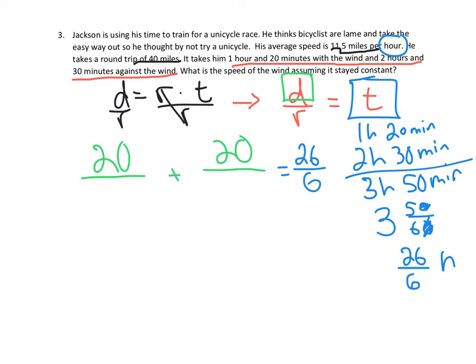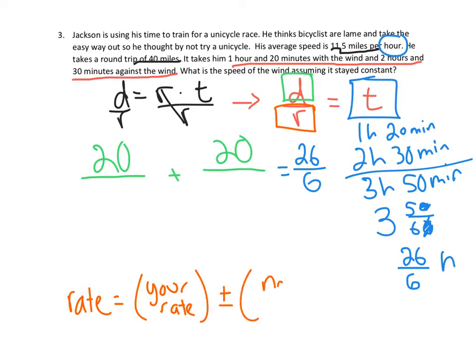Now the last part is our rate. Our rate is always going to be your rate, so without any wind, without any current, plus or minus nature. So whatever nature's rate, whether it's wind or current speed.